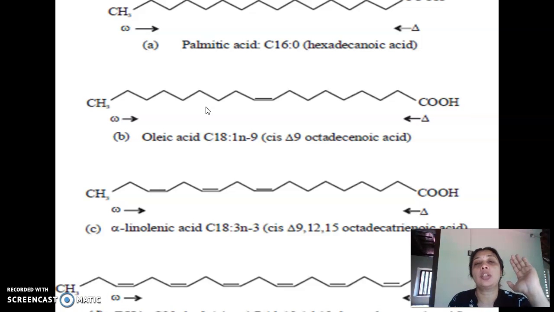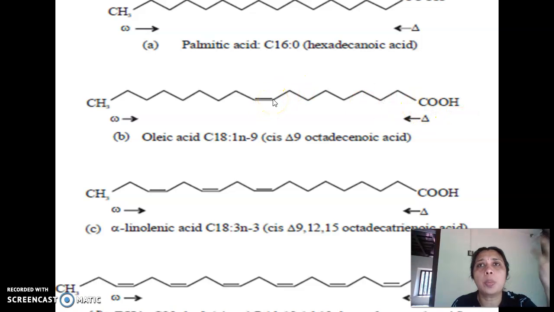The polyunsaturated fatty acids which are able to carry out significant biological functions should have double bonds on C12, C18 or C15, etc. Right? Not in between the carbonyl and the C9.